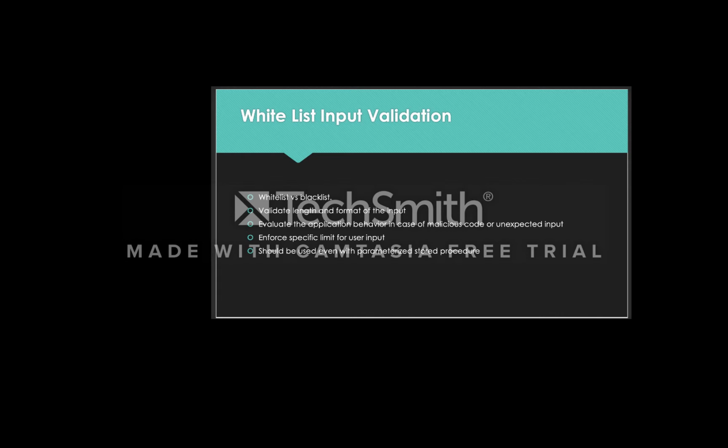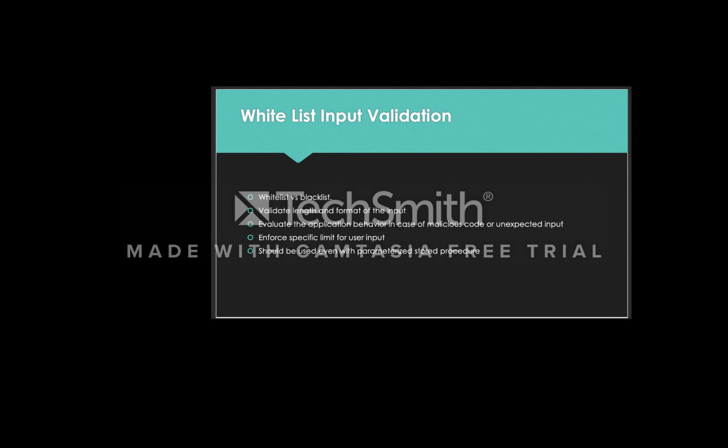So it's better to have whitelisting, where we can define the length and the format of the input, and we can limit a specific use. We can have limits for user input. Also, it's recommended that we do some kind of pen testing before we launch any update or web application.